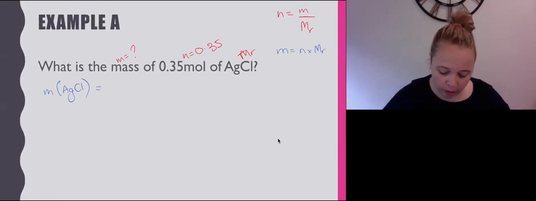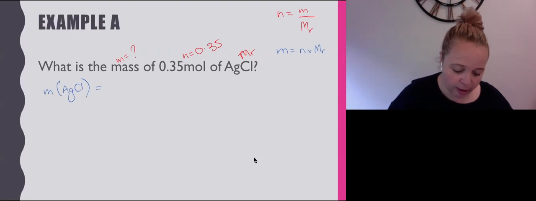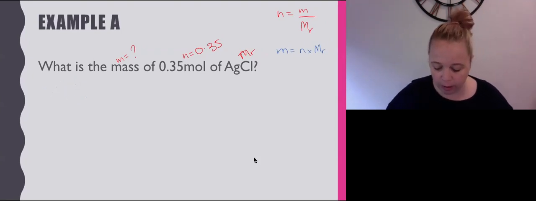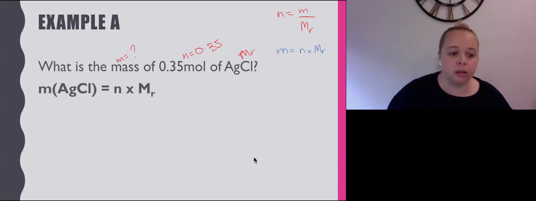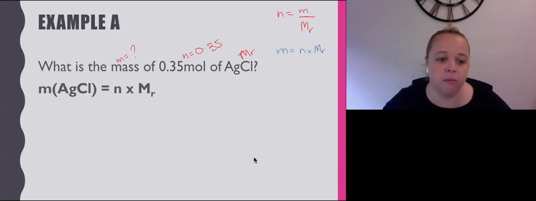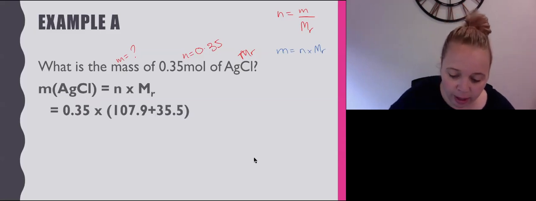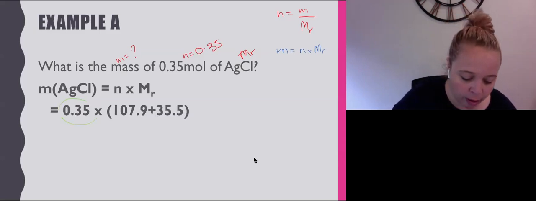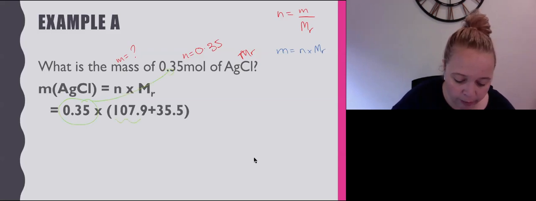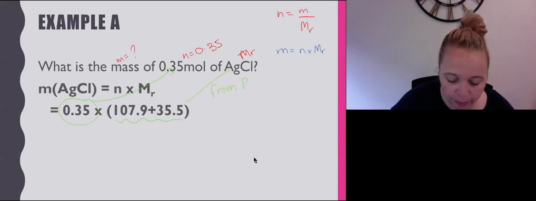So the mass of silver chloride, I'm just going to let the PowerPoint do the talking for me here. The mass of silver chloride is going to be the mole times the MR. Where did these numbers come from? We've got the mole from the question here, and this one here is from the periodic table.